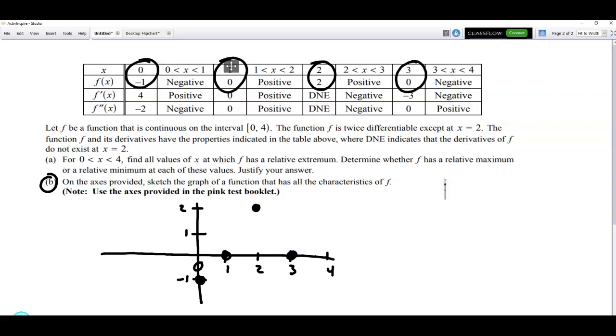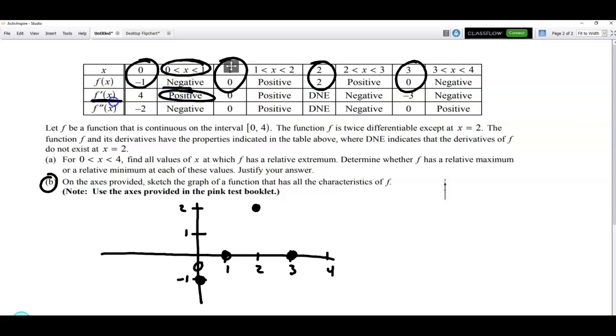Now, notice that in between x equals 1 and 0, we have a negative slope. So between 0 and 1, we have a negative slope. I take that back. We do not have a negative slope. I was looking at the wrong one. This is for f. We have a positive slope between 0 and 1.